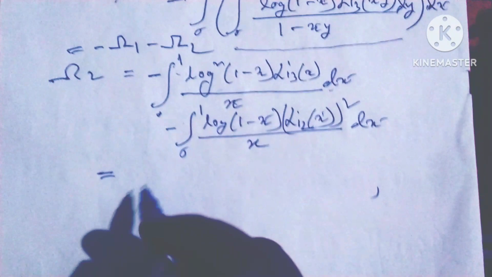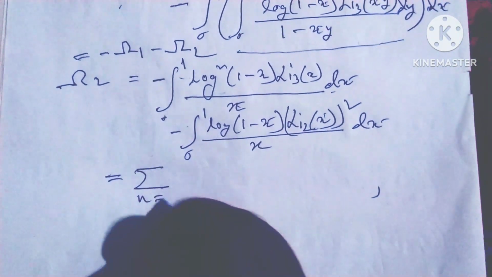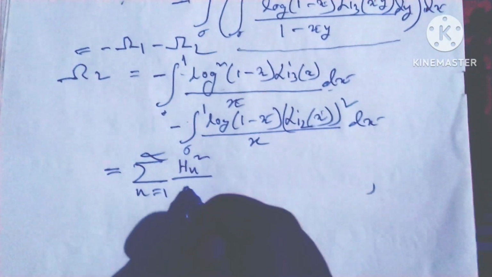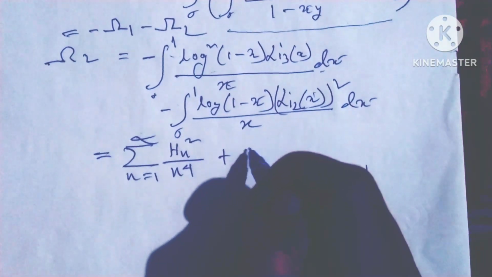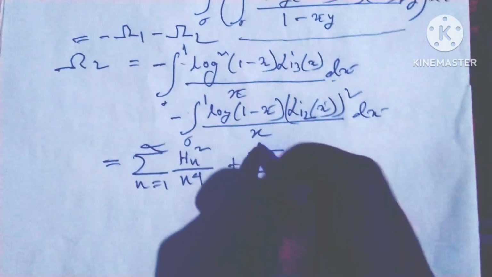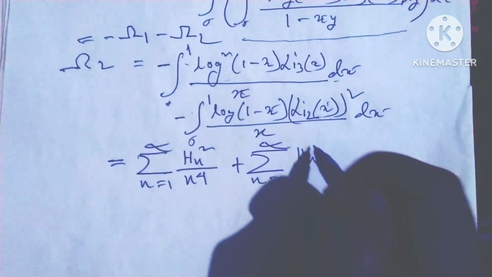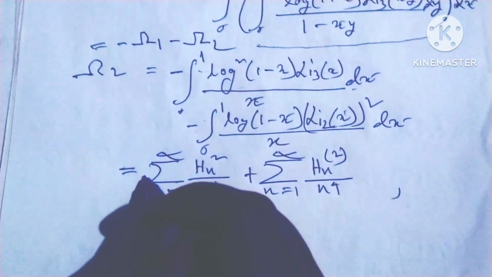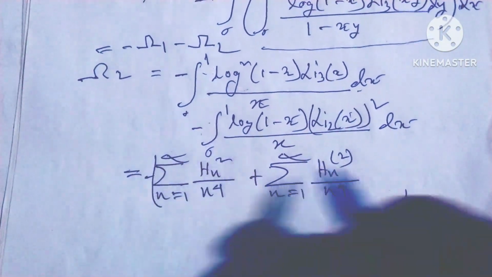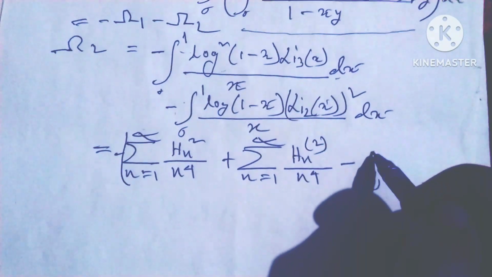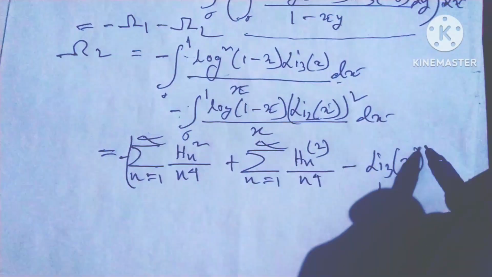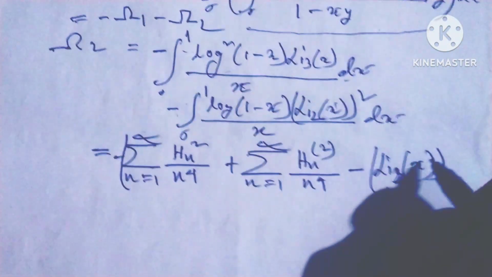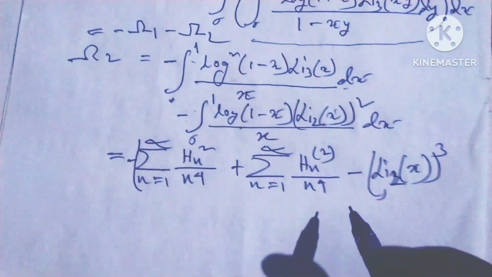This part can be written as the harmonic generalization, the summation from n equals 1 to infinity of H_n squared divided by n to the power 4, plus the summation from n equals 1 to infinity of H_n squared divided by n to the power 4, and this part with the minus symbol can be written as minus, and it can be written, sorry, it is not Li3, it can be written as Li2(x) cubed, because it is the derivative part, in log(1 minus x) divided by log x.